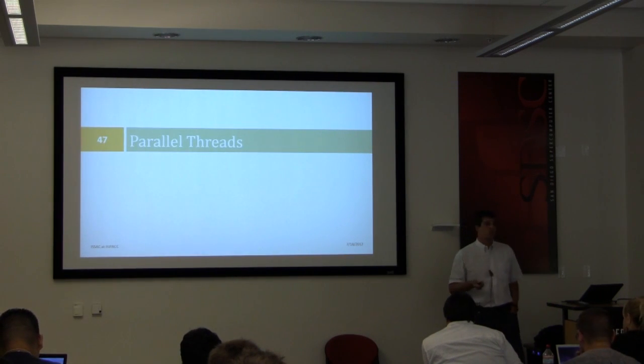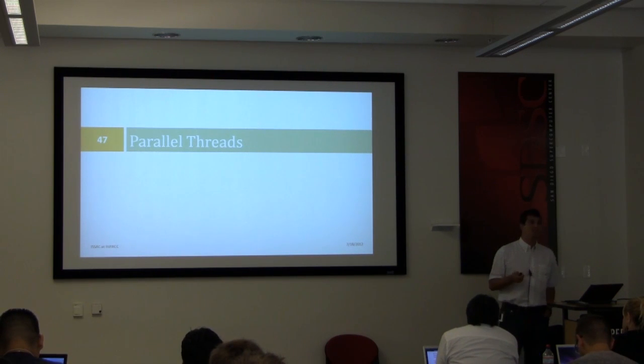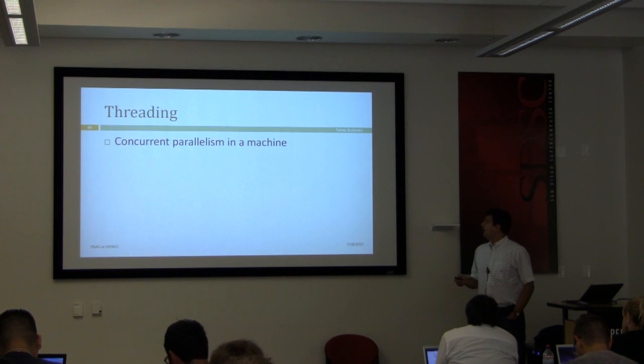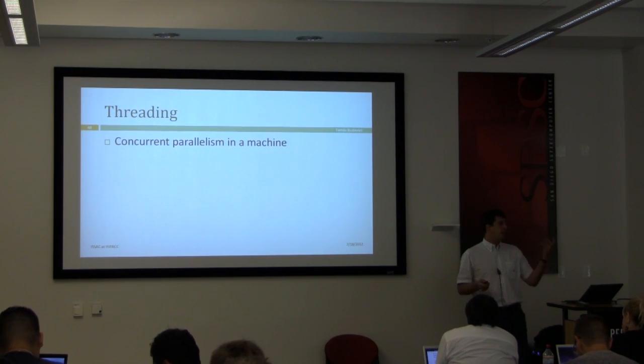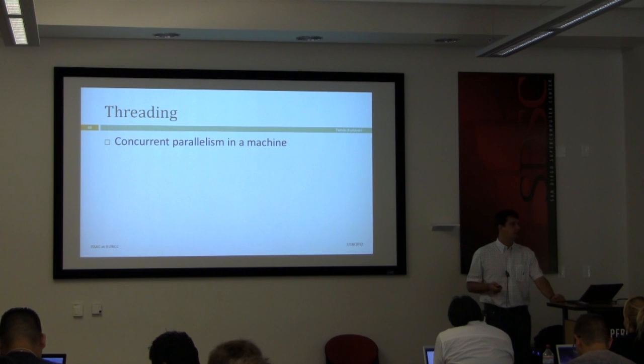Okay. So parallel threads. And now we are down to what we want to do. So we want to write parallel threads for the GPU. So this is a parallelism that happens in the machine. So a single core, even your x86 machine, your processors will run 1 or 2 threads, and you have multiple cores.